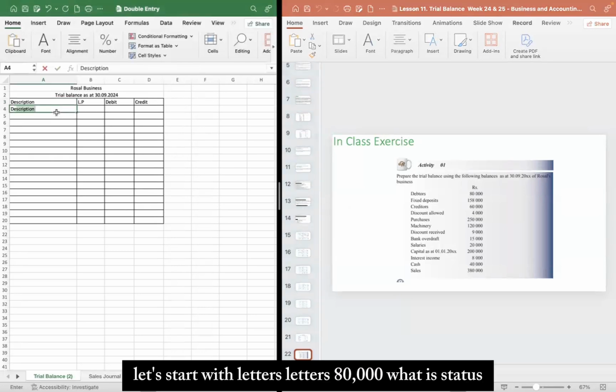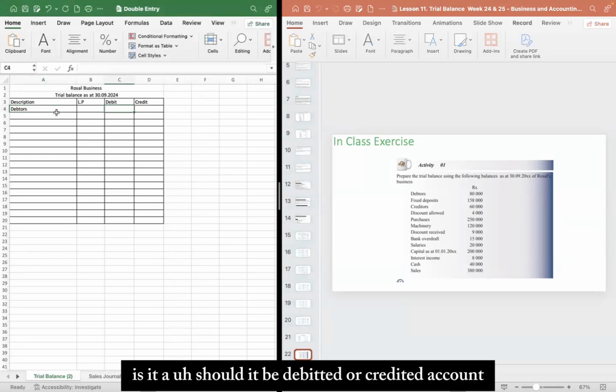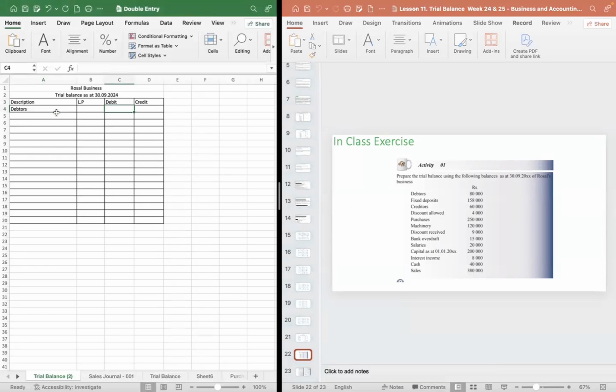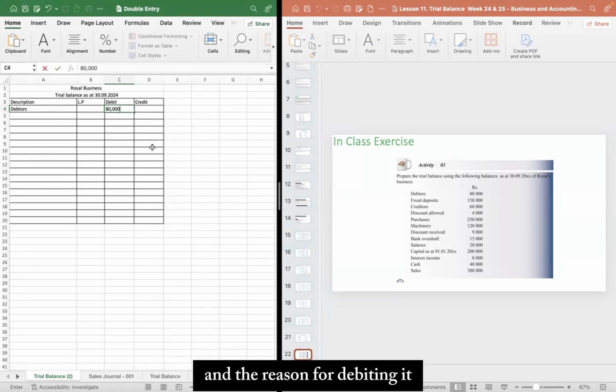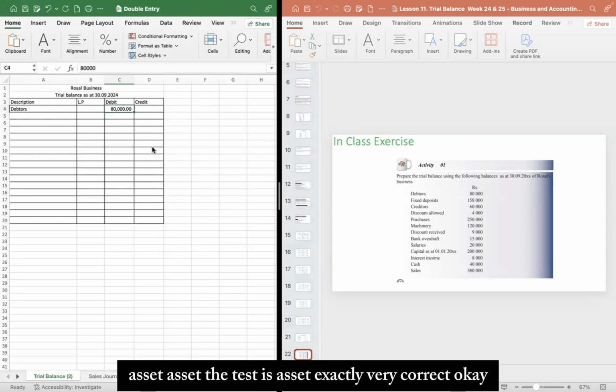Debtors 80,000. What is debtors? Should it be debited or credited? Debited. And the reason for debiting it? Asset. Debtors is an asset.